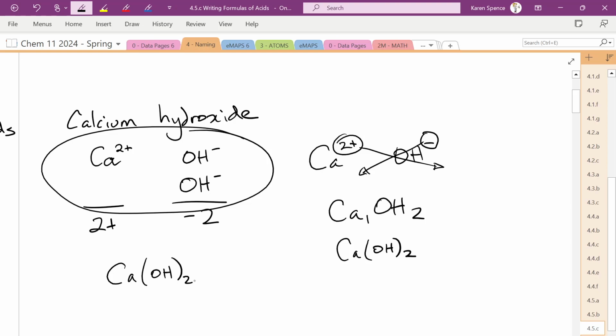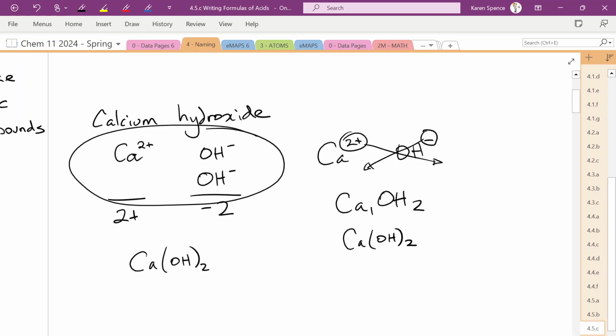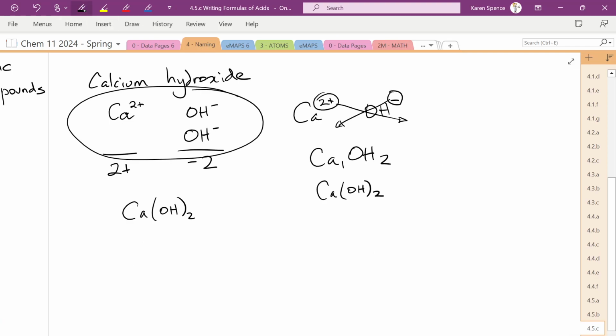So same method when you're writing the formula of an acid. So let's say I gave you hydrophosphoric acid. So you'll notice we have a hydro-ic.